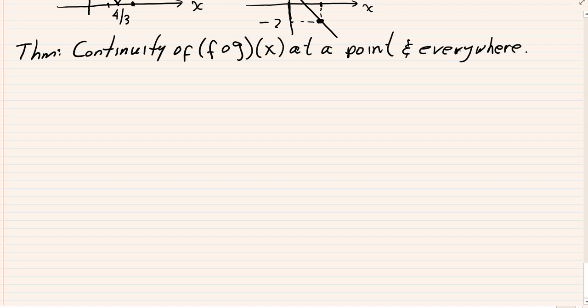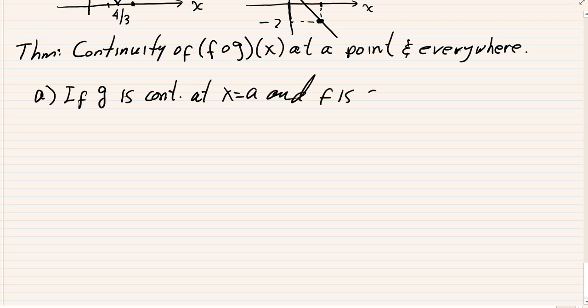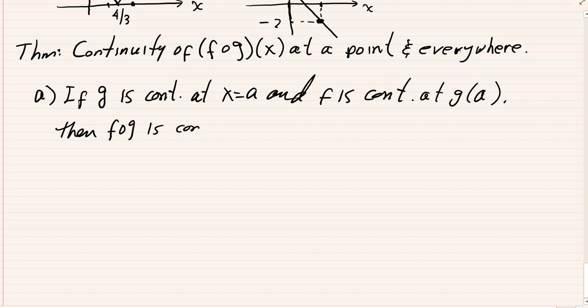Okay, now let's see. There's two parts of this theorem, part A, part B. In part A, it goes something like this: if g is continuous at a, at x equals a, and f is continuous at g of a, then the composition f of g is continuous at x equals a.